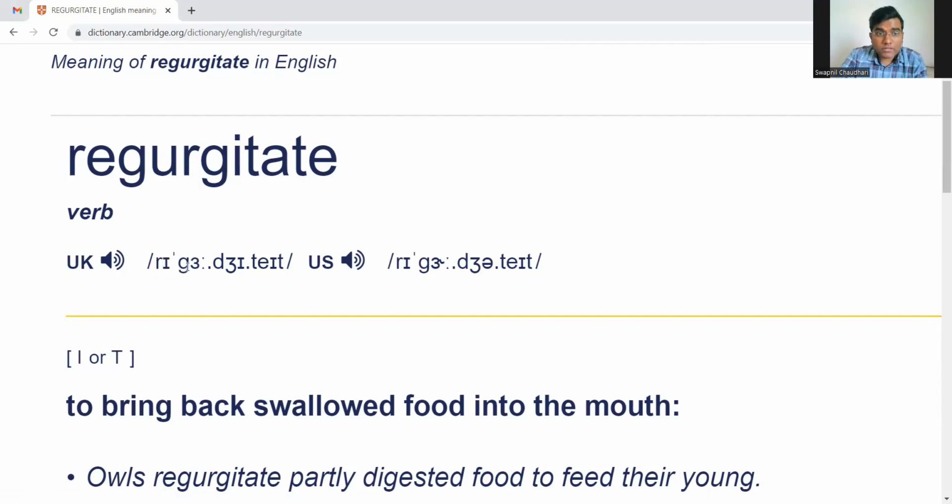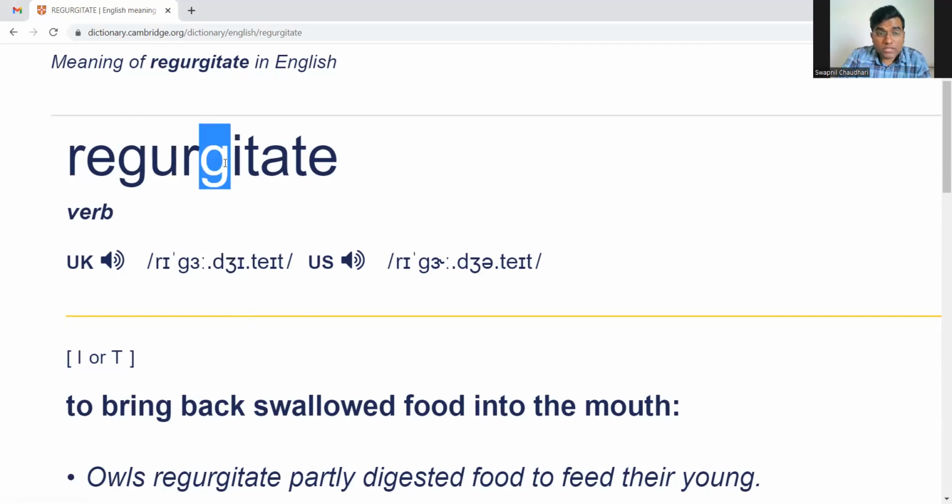And this sound, I was confused initially, right? Is it regurgitate, regurgitate? Is it g or j? Now I can be sure this is the g sound, right? Now I know this is regur, and then this is g.